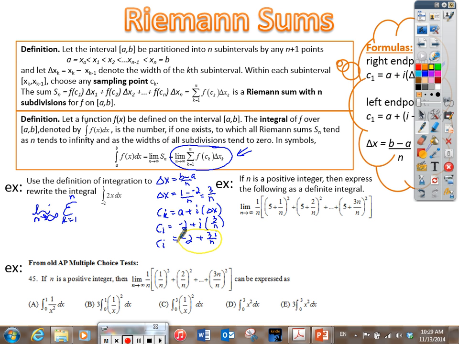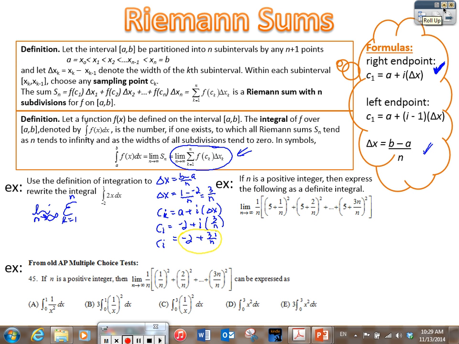I take this and I place it inside of the function. What is the function here? 2x. So the 2, I take this guy right here, which is negative 2 plus 3i over n, and I place it inside of the function, which is what I just did. We're here. And then I multiply by delta x, which we said was 3 over n.